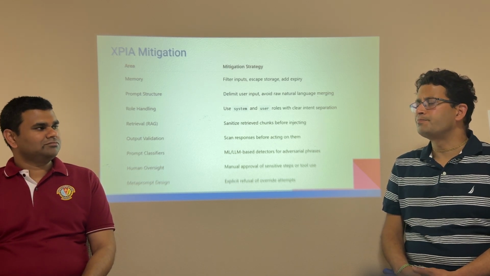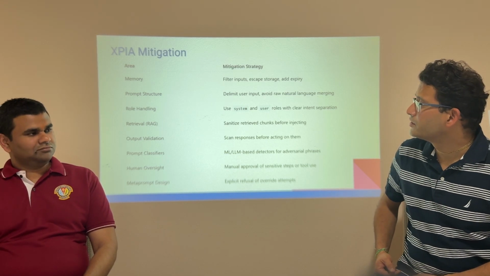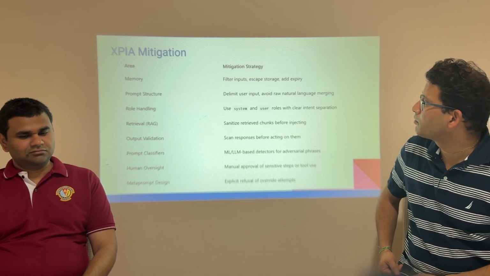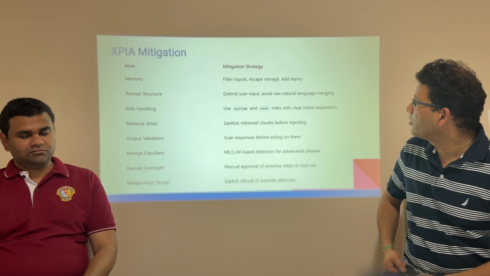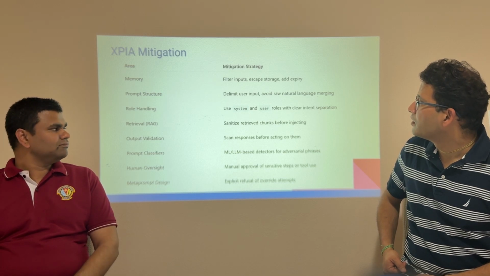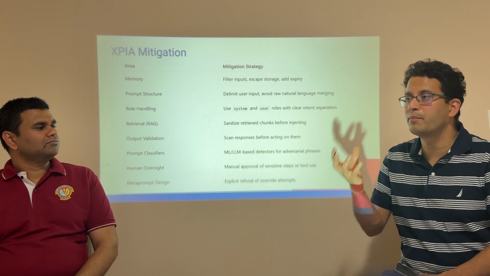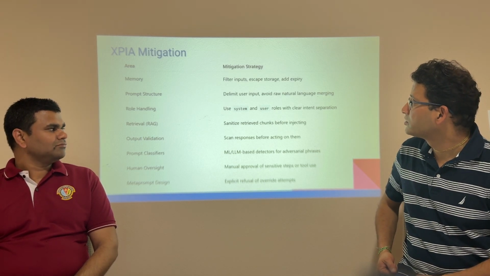Then you also have different techniques based on memory and prompt structure, like I was telling: delimiting user input, avoiding raw natural language merging, and when the prompt says I am an admin or I am this, distinguishing between system and user roles.